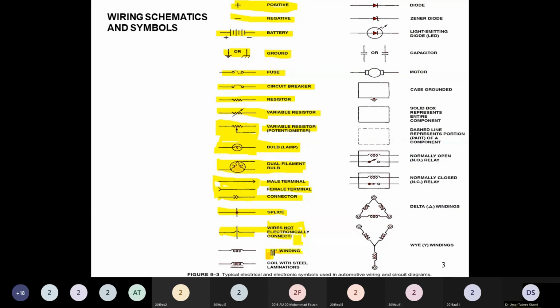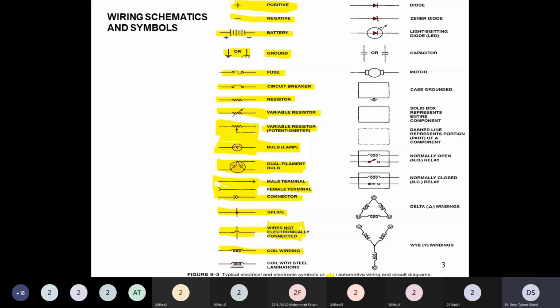Then after this is the coil winding. The coil winding is an inductor through which current passes, and when current passes, a magnetic field is produced. Now the coil can be wound in air, or it can be wound on lamination or steel.